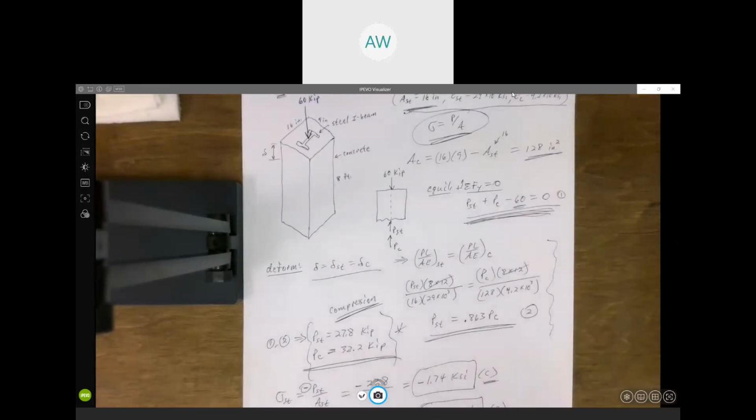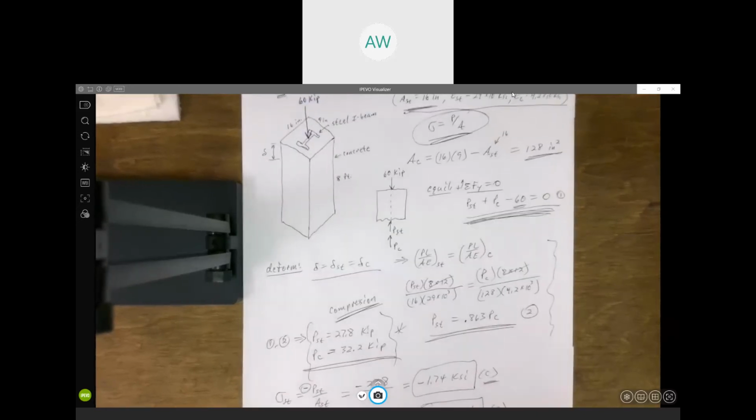Okay, and so we haven't got to this yet, but obviously if you've got a column like this where it is just being compressed, there's really not an advantage to putting the steel in there.